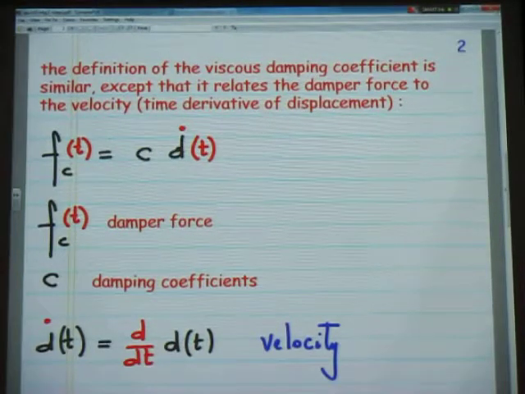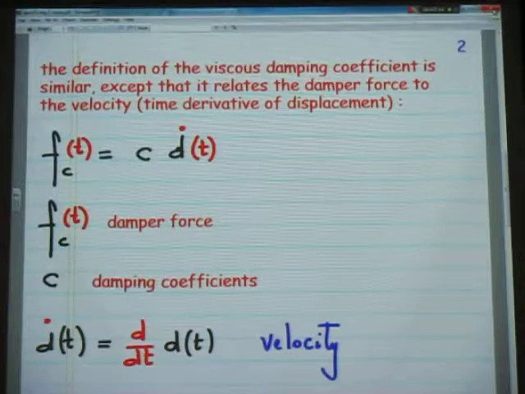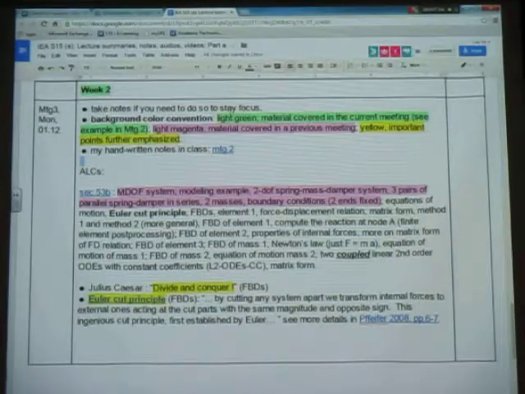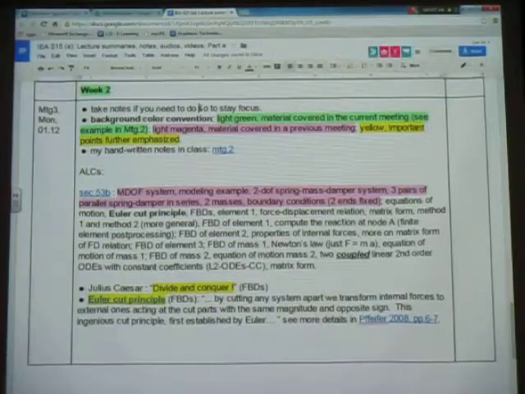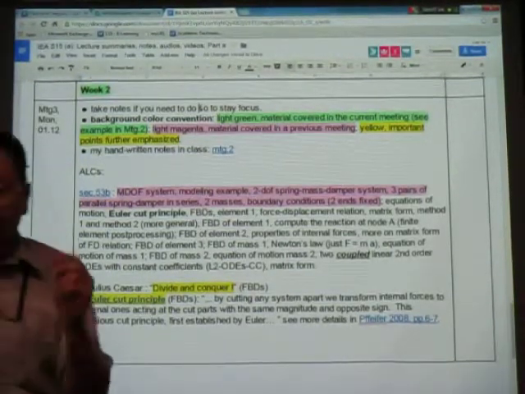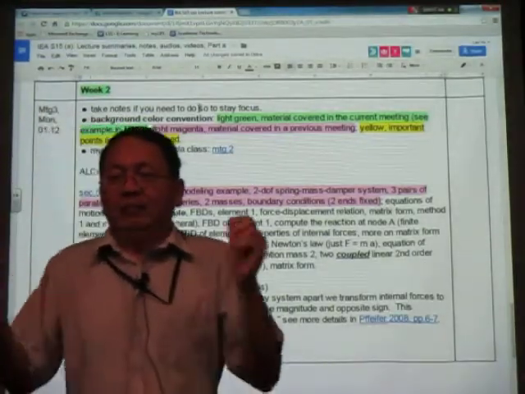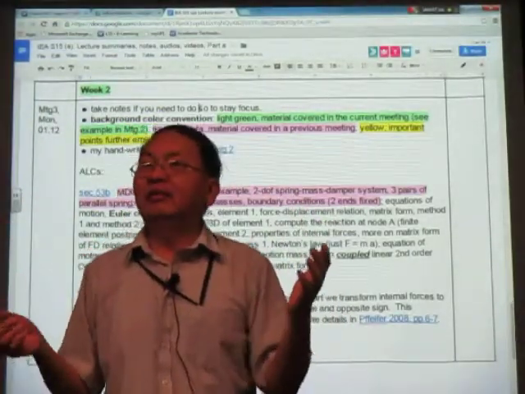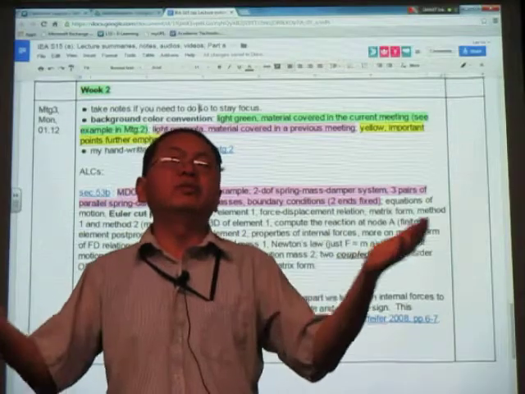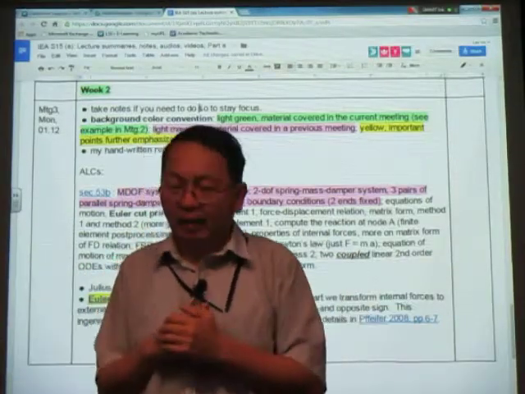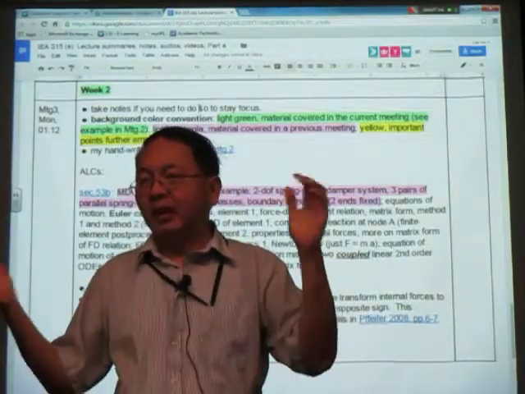Okay, and one thing that I would like to mention is the advice that if you need to write in order to stay focused, please do so. Feel free. This is the advice that I mentioned before.